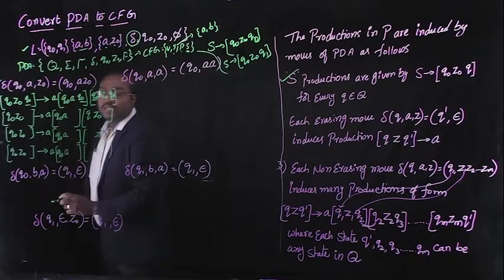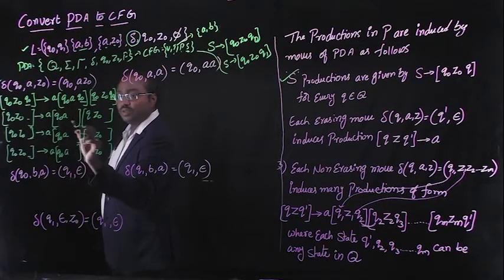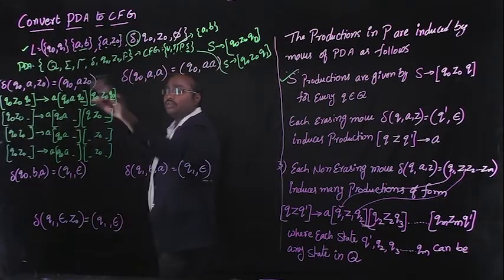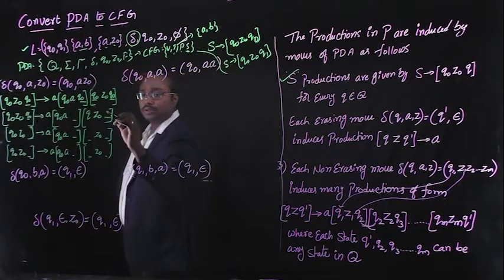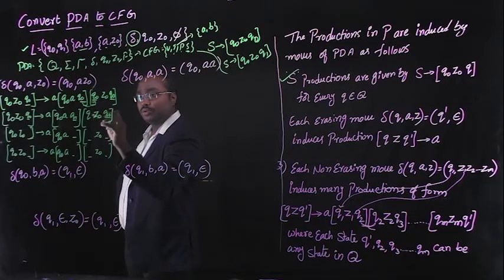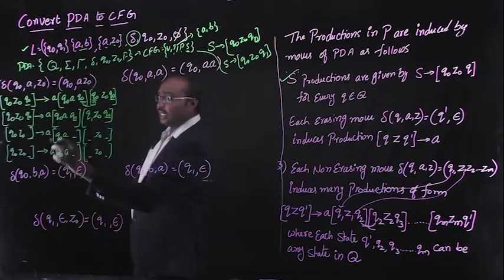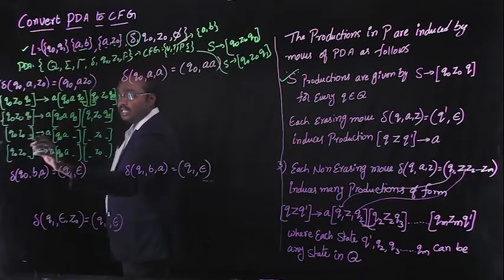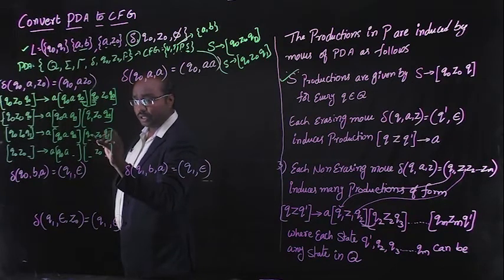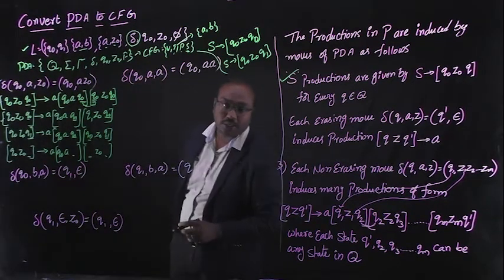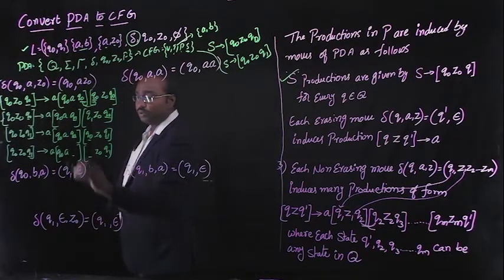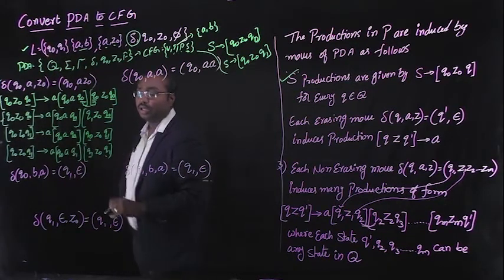Here we can fill these places with all the possible states. First we fill with q naught, and then fill the adjacent places with q naught, then q1, here also q1. Then q naught productions are over. Next I'm taking q1 and ending with q1, and the adjacent places are filled with q naught, and then the last positions also filled with q1 and the adjacent places filled with q1.